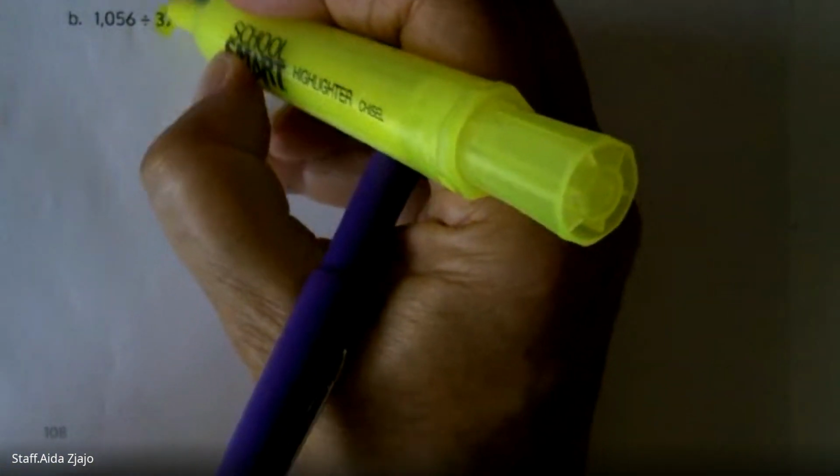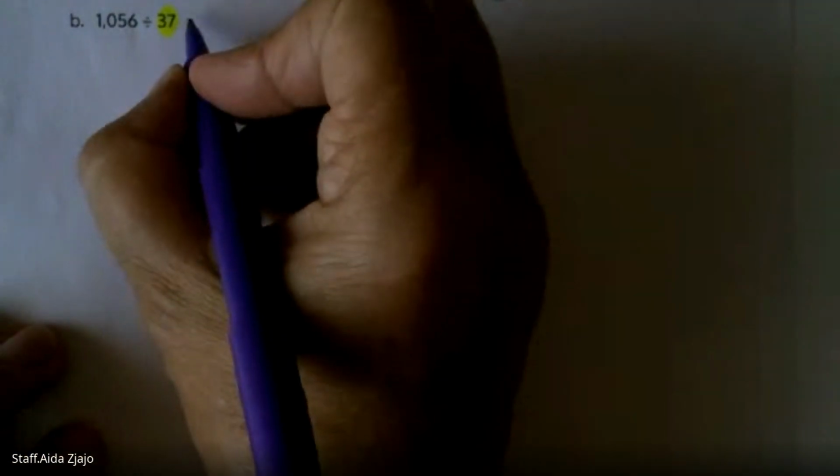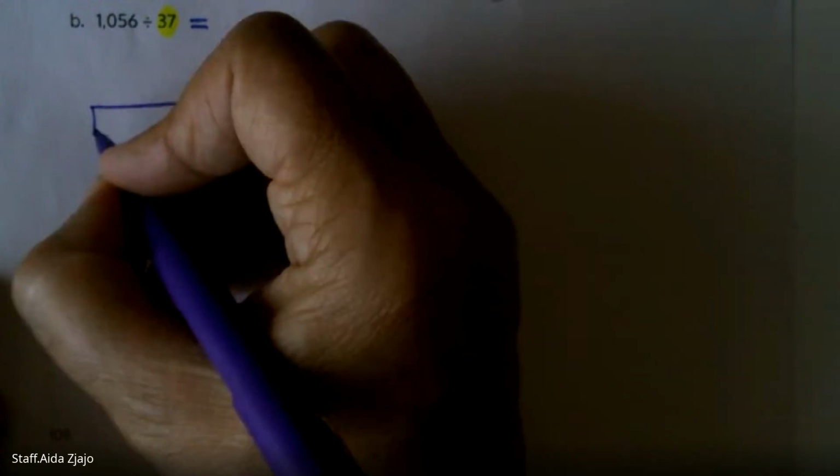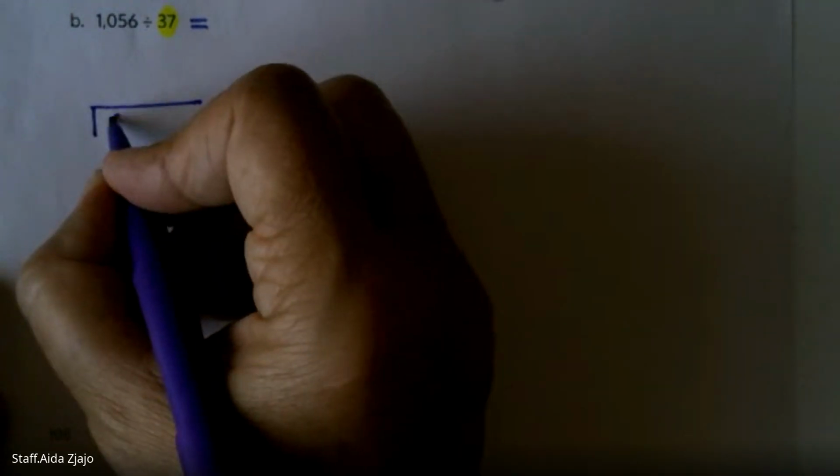We need to find how many groups of 37 are in this big number, 1056. So make sure that you make nice numbers.